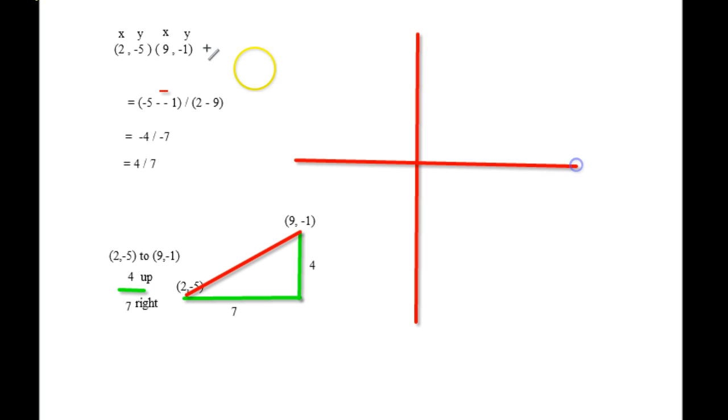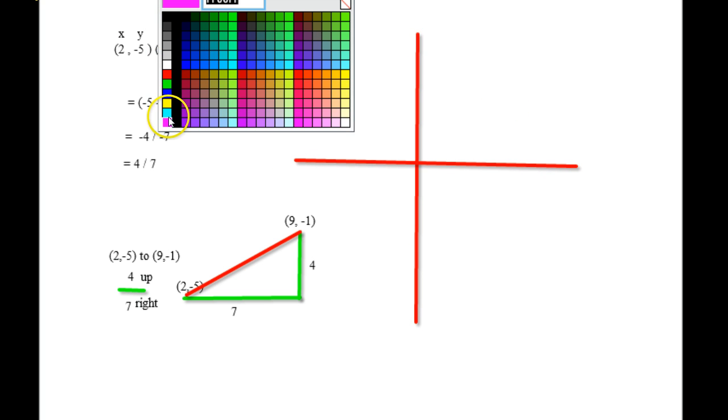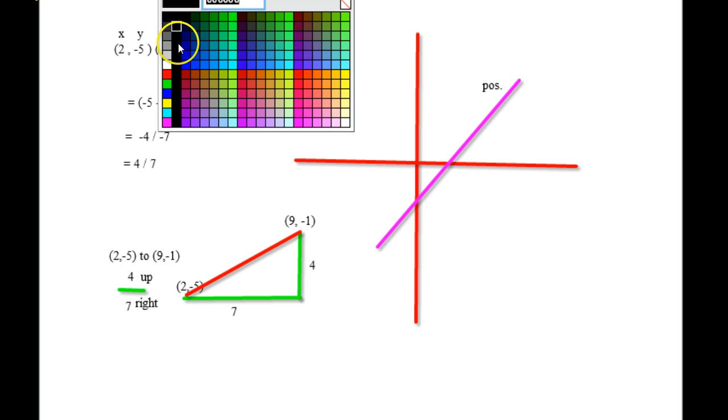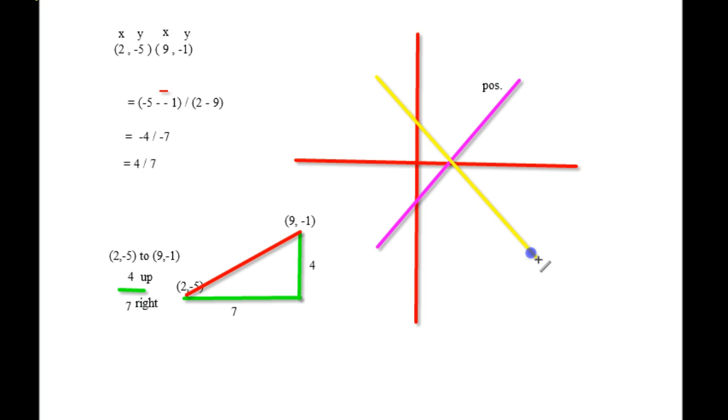Now, you're going to be asked a lot of questions, and you need to know the difference between them. So here we go. Let's try to cover as much as we can. This way right here is positive slope. If I go in the opposite direction, down and to the right, that's negative slope.